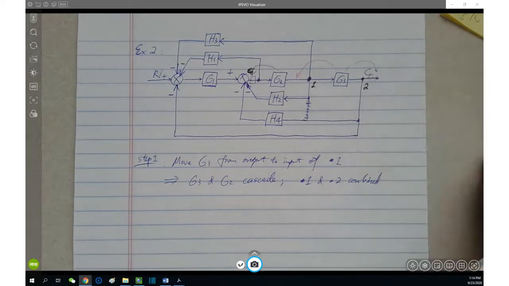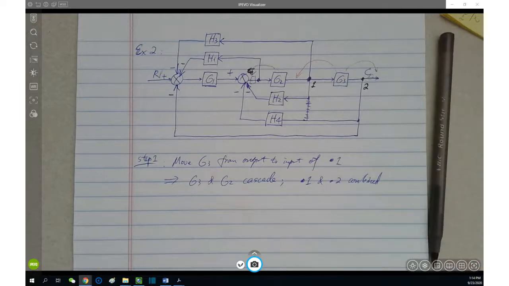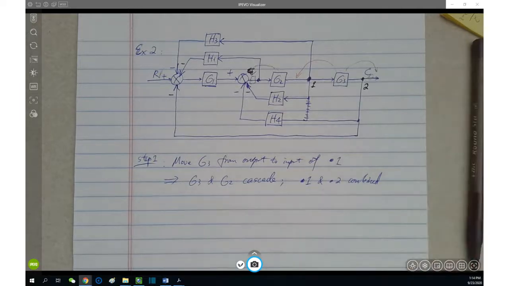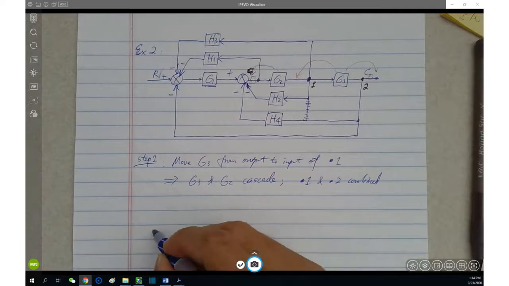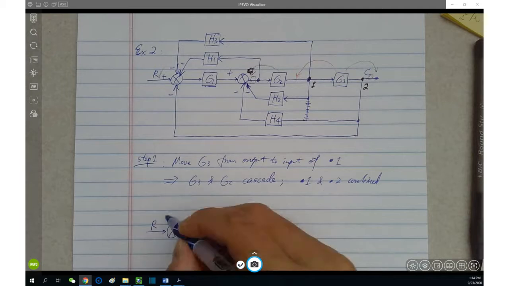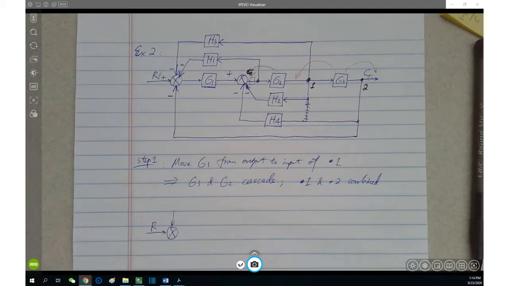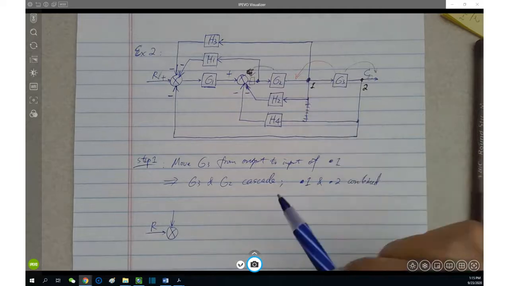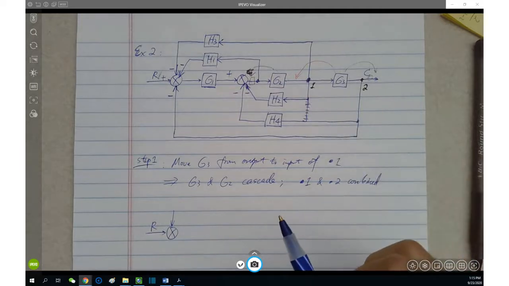Does it make sense? After doing that, well, can't we parallel H2 and H4 as well? You can parallel, let's see, H2 and H4 as well. Yes.